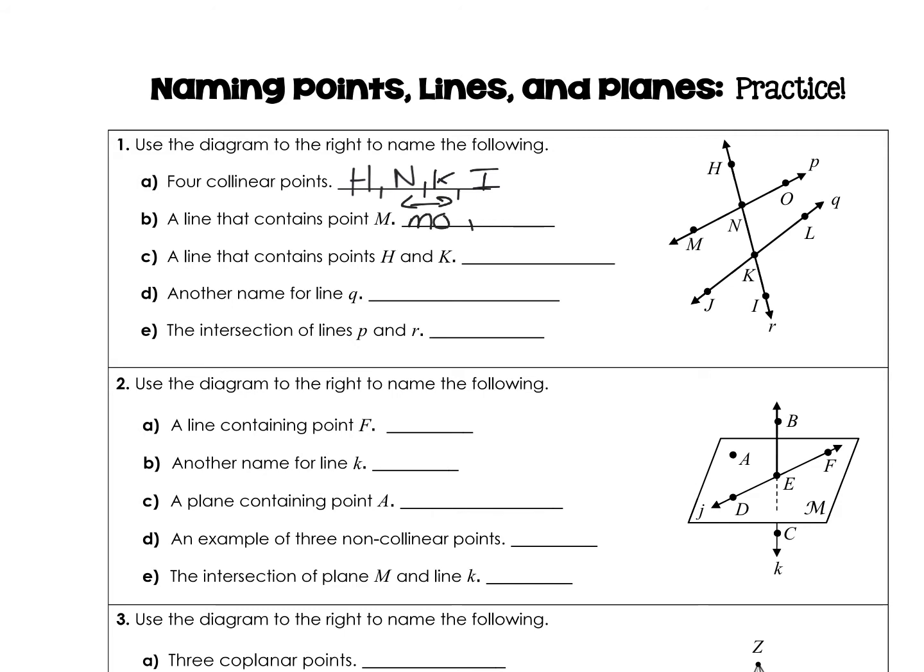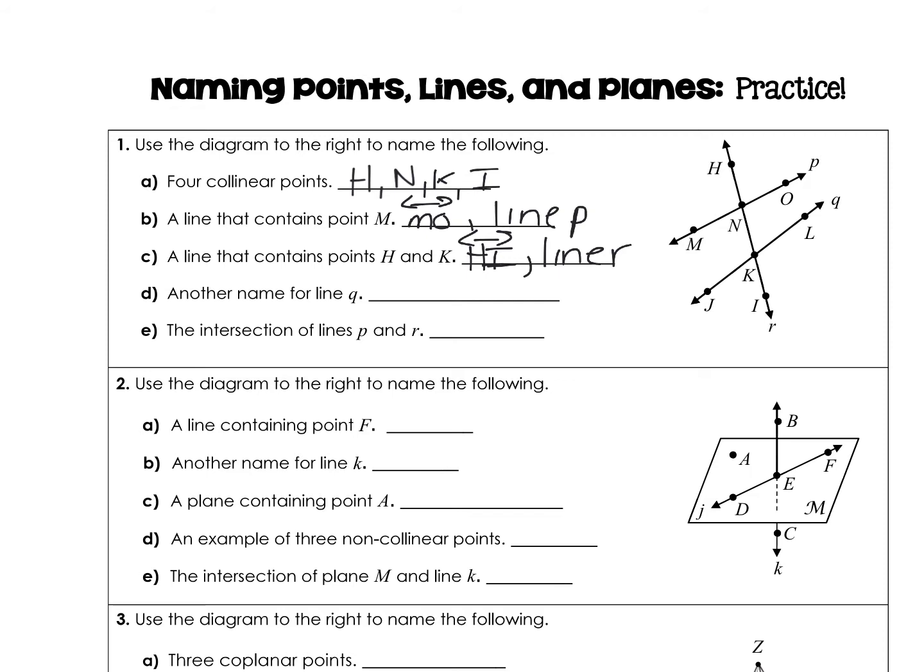Or we could say line P. Use that lowercase script letter. A line that contains points H and K. Well, I can say line HI if I use the 2 letters at the end, or I can use the lowercase script letter line R.